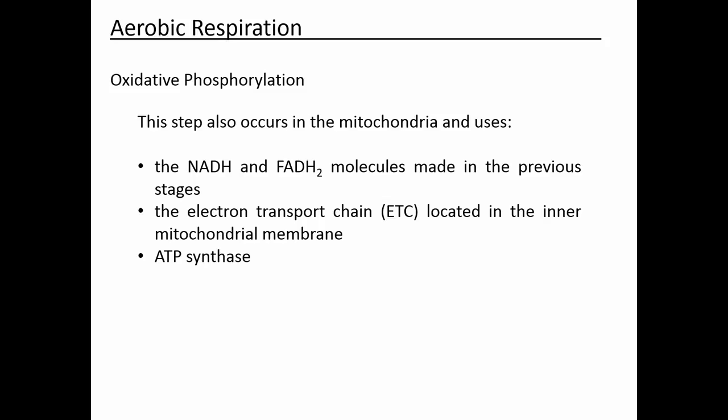And that's where you actually consume oxygen in aerobic respiration. So we said that oxygen is required for aerobic respiration. It's specifically required for this last stage where it's the final electron acceptor. That's where it gets consumed. So the oxygen that you breathe is important because it's the final electron acceptor in this process.